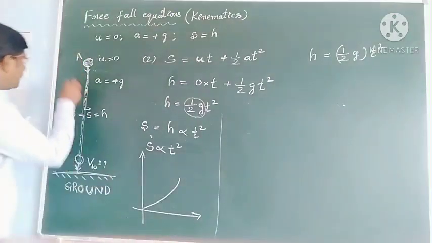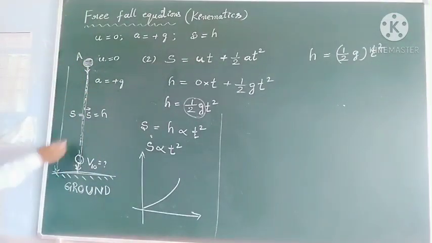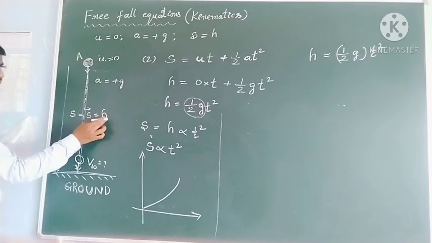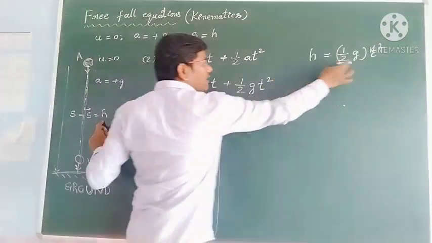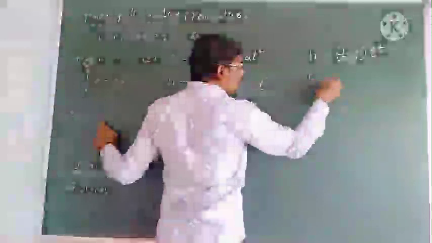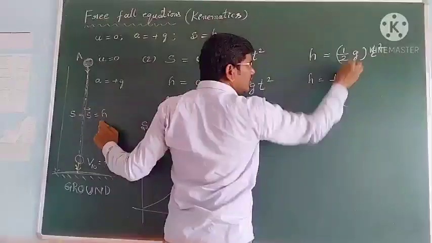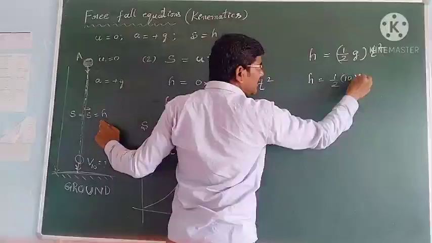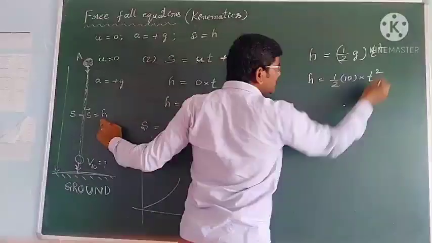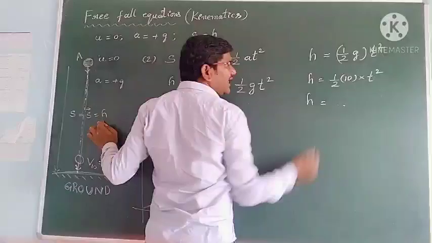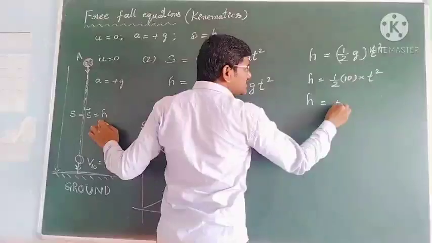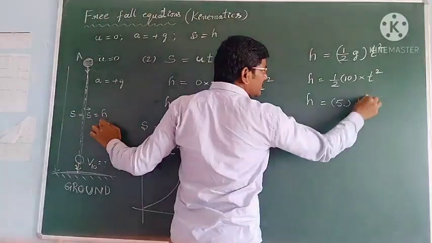Find how much height it has fallen. If they ask you, use this formula, students. Then h is equal to 1 by 2 into g, if g value they give 10, take it 10, into t square, then you will get the height. So 10 by 2 means it will become 5 into t square.